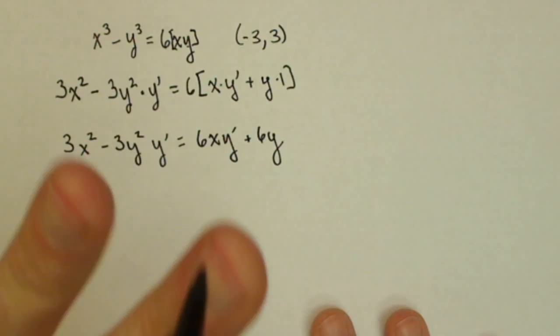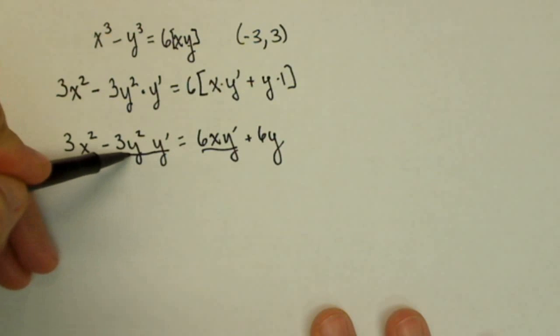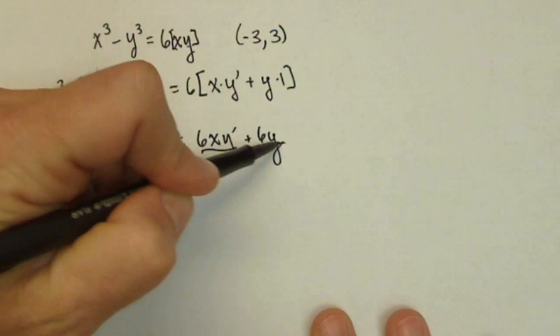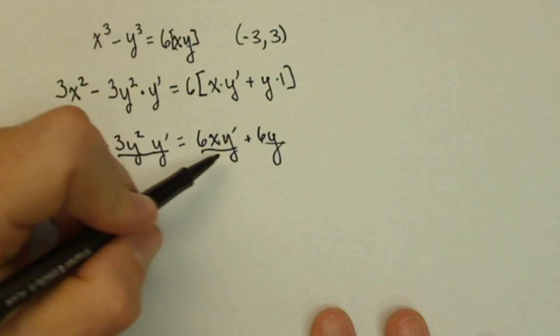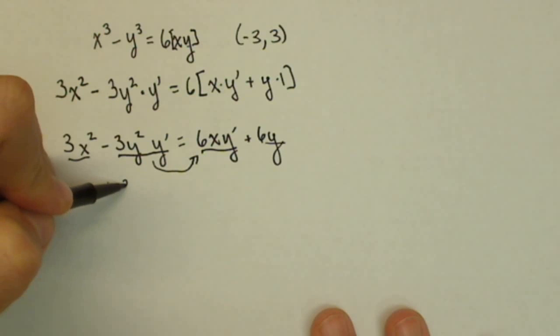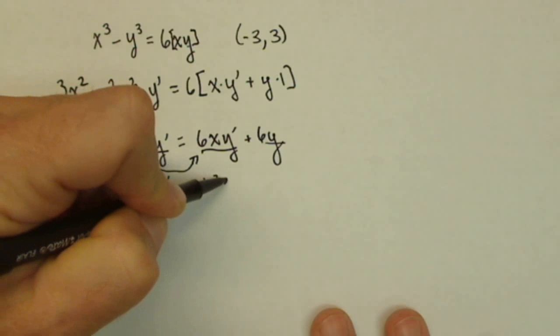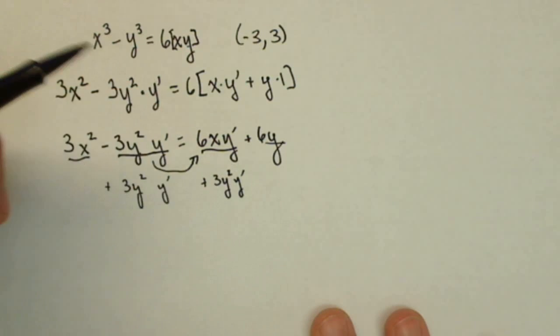At this point, the steps are always the same. You get all the terms with y prime on one side, all the terms without on the other. So let's put all the y primes over here. I'm going to move this term to this side by adding 3y squared y prime to both sides.